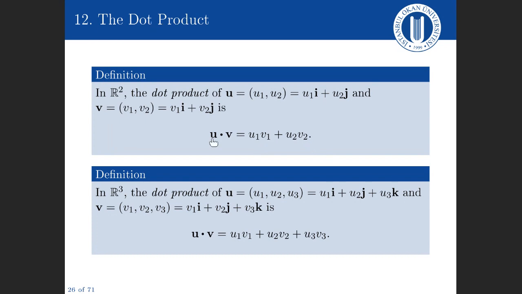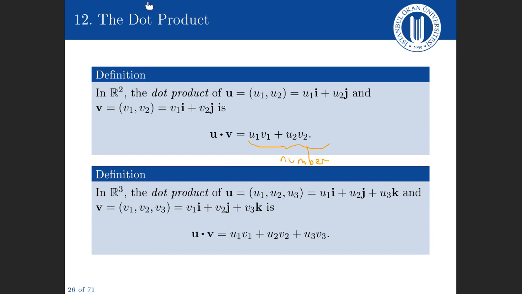This is vector dot vector is equal to number. This is not multiplying two vectors together. This is taking the dot product of two vectors to find a number.